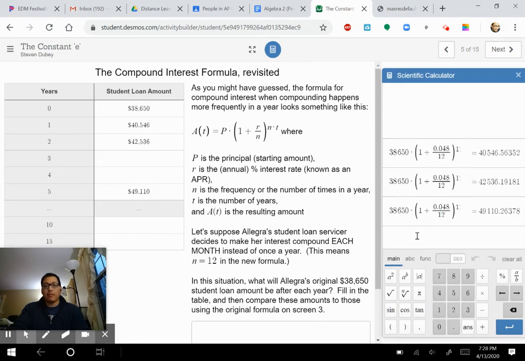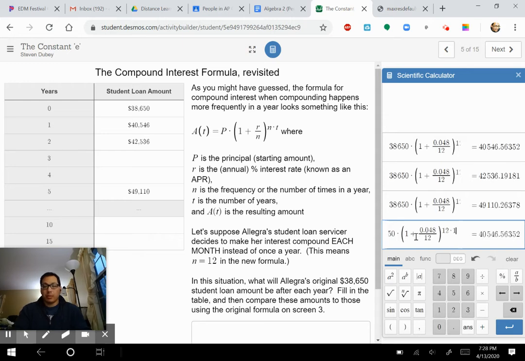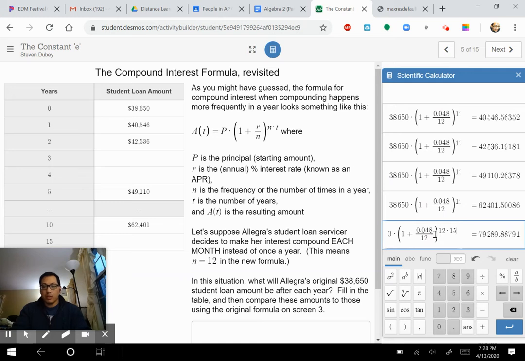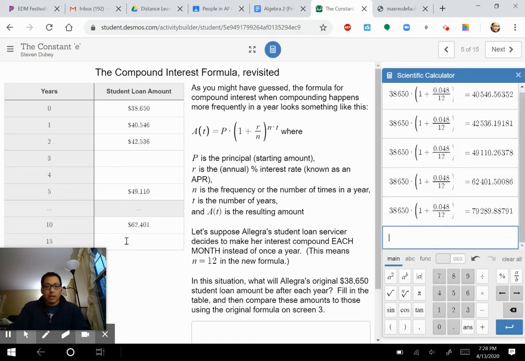What about after 10 and 15 years? 12 times a year times 10 years. Now she owes after 10 years 62,401. And after 15 years, 79,289.